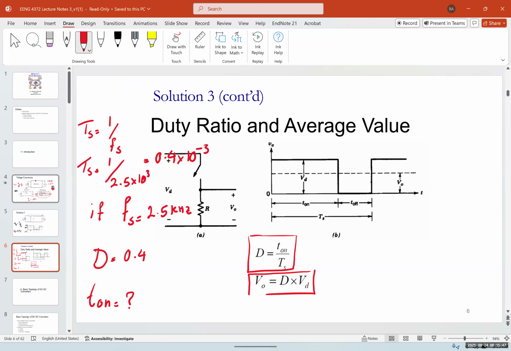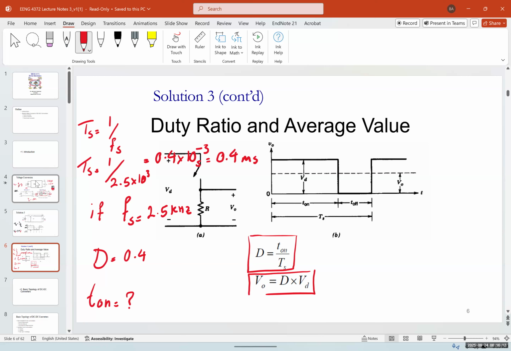Because 1 divided by 2.5 gives us 0.4, and 10 to the power of 3 goes to the denominator, so it becomes 10 to the power of negative 3. So it's equal to 0.4 milliseconds, and this is in seconds.